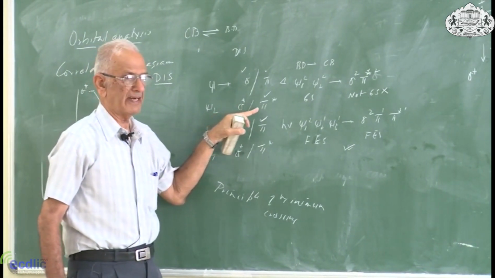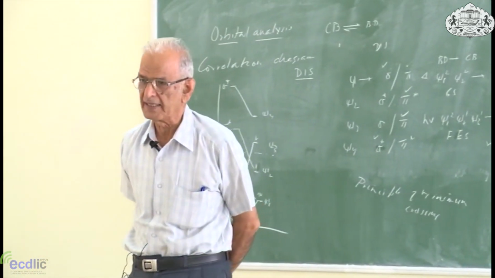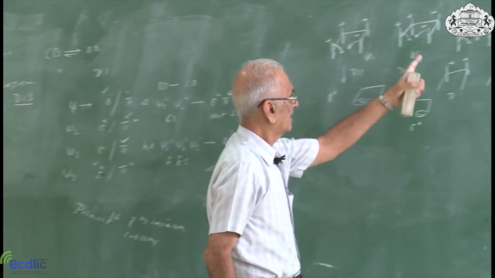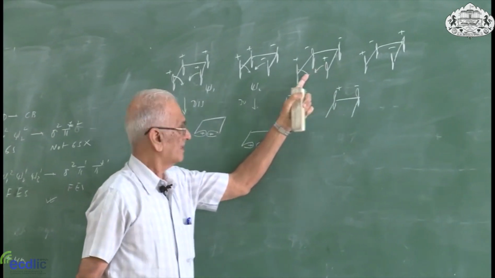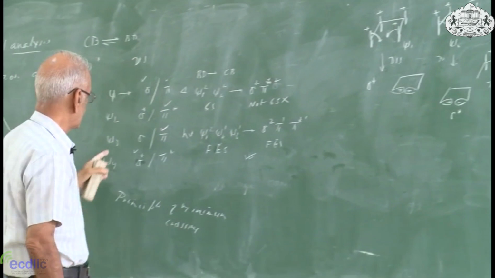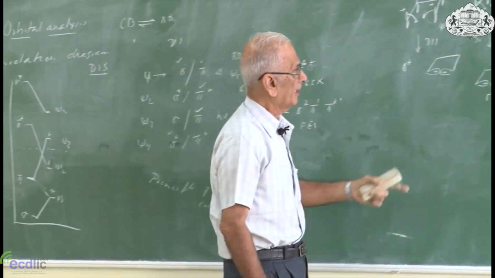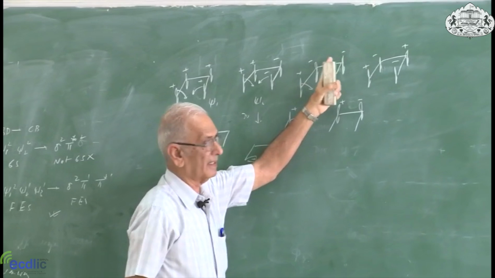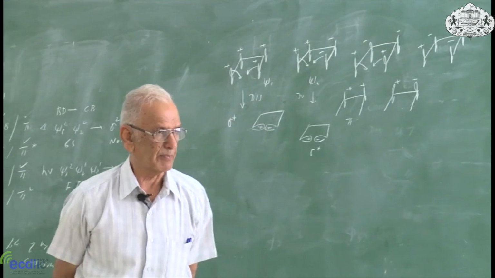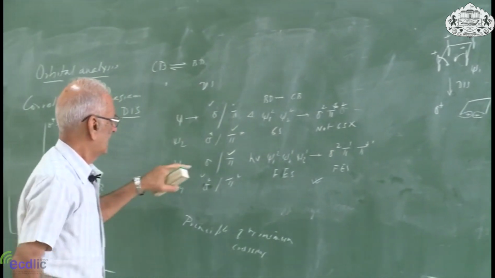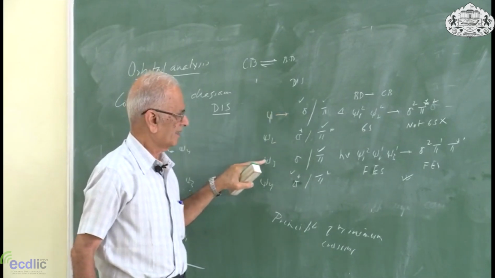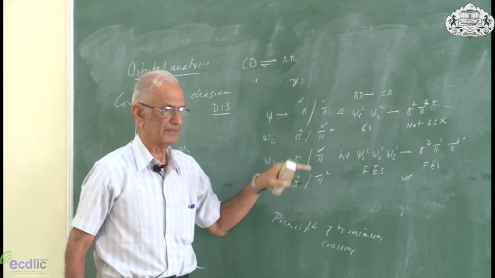Pi star is lower in energy, therefore, we correlated with pi star. When I look at psi 3, do the disrotatory process, it will correlate with sigma. So, one of the correlations is with sigma. When I look at middle orbitals, they have same sign, therefore, it correlates with pi. Sigma is already occupied, psi 1 has gone to sigma, therefore, psi 3 can only go to pi.